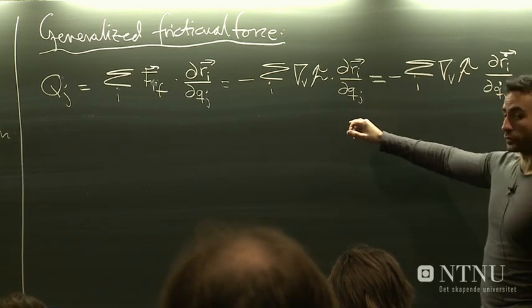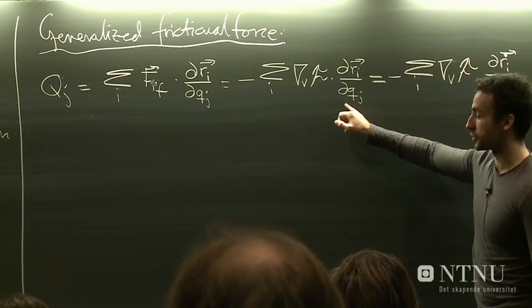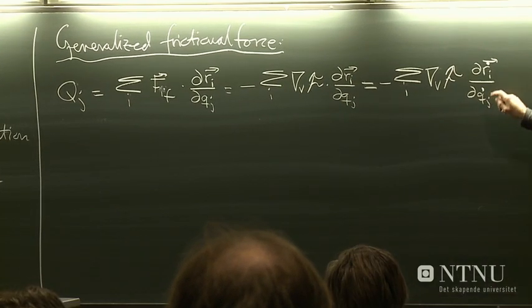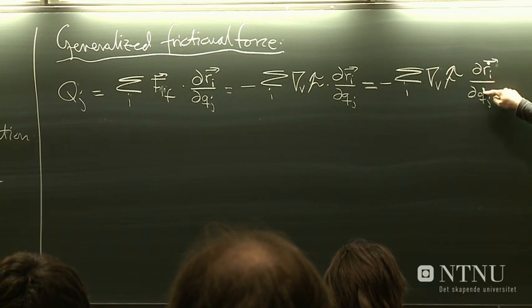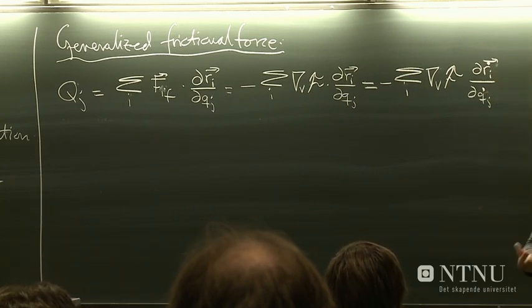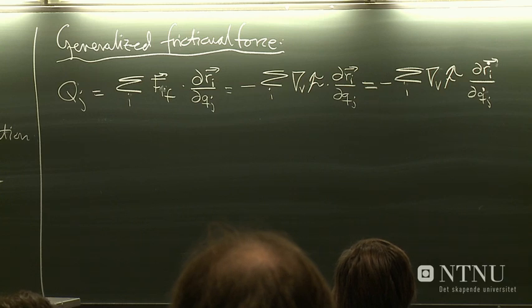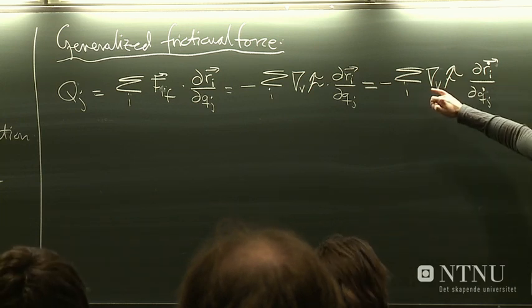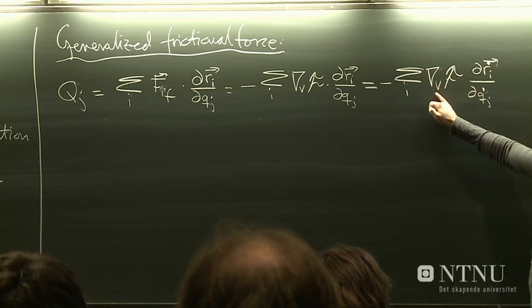So what I did here was to use a property that this term here is equal to this term. So I just added the dots here and here. And this is a property which we also introduced a few lectures ago. And it's defined or proved in the compendium, as far as I remember. Okay, and now we're actually in a position to make a further simplification, because we have a derivative with respect to v here.